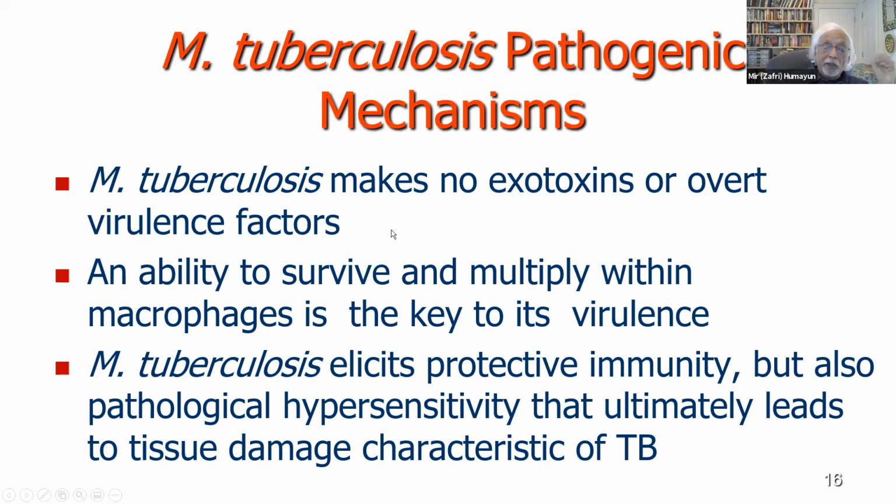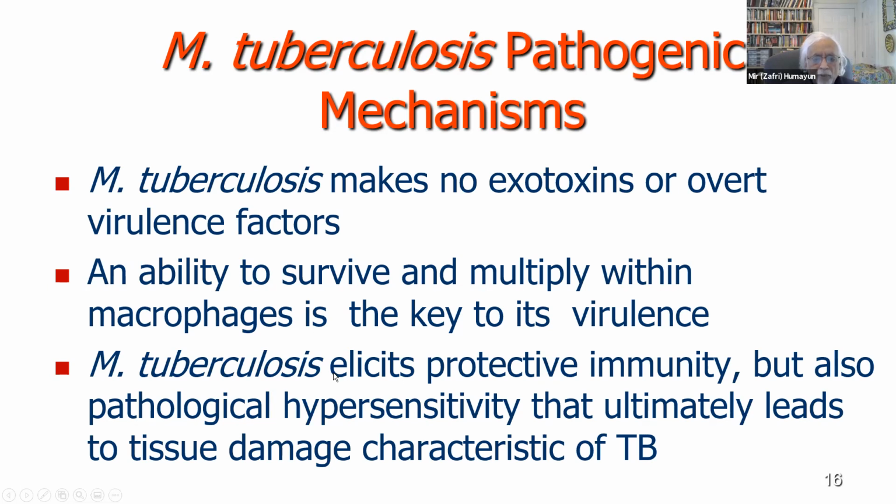So its ability to kill the host resides in its ability to survive and multiply within macrophages. Now, you may recall from other instructors' lectures that macrophages are an extremely hostile environment for a bacterium. However, Mycobacterium tuberculosis has evolved mechanisms to survive the hostile environment of a macrophage.